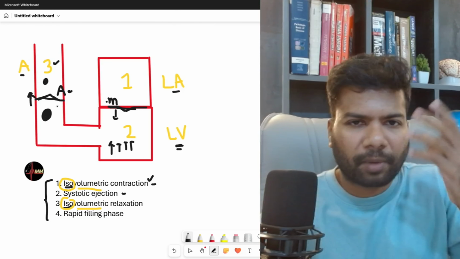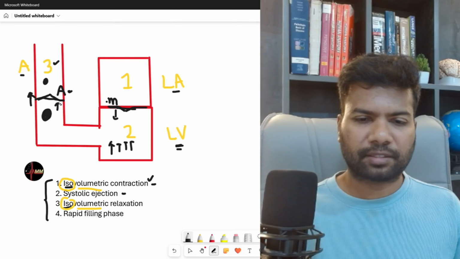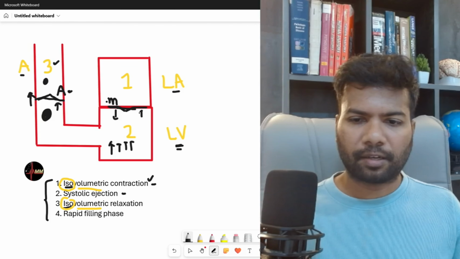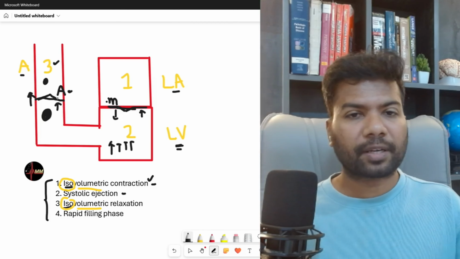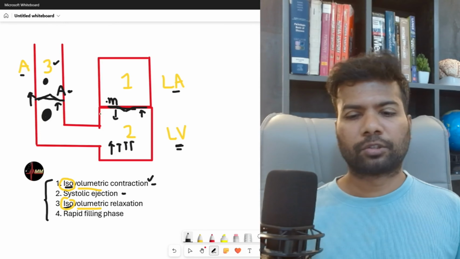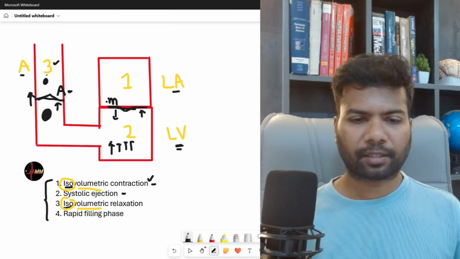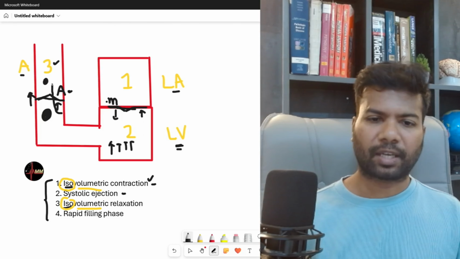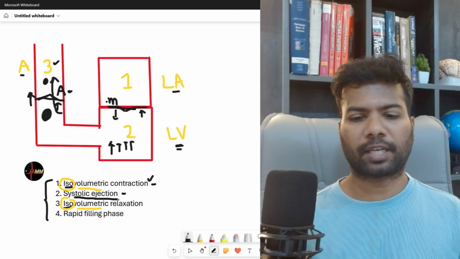Just imagine the pressure arrow direction. This direction pressure opens the aortic valve and closes the mitral valve. Am I right? So when the second chamber pressure is more than the third chamber pressure, the ejection of the blood starts. That is called systolic ejection.